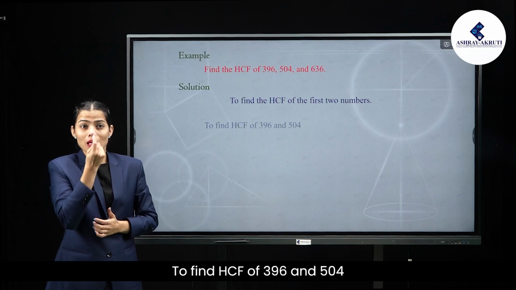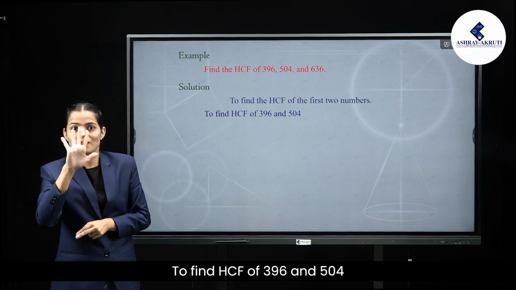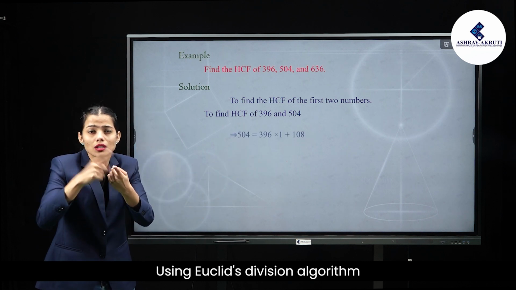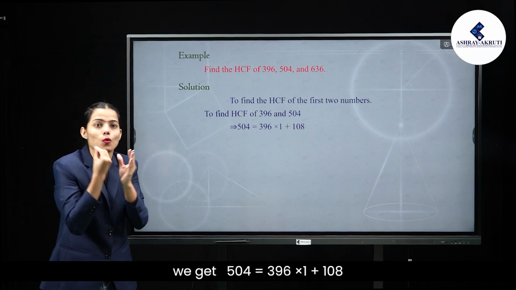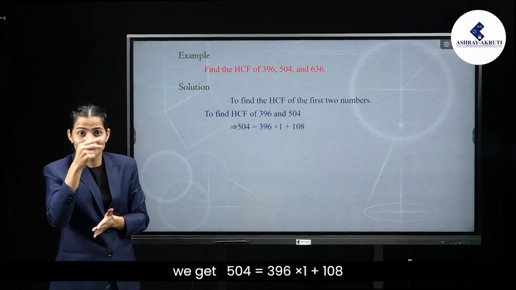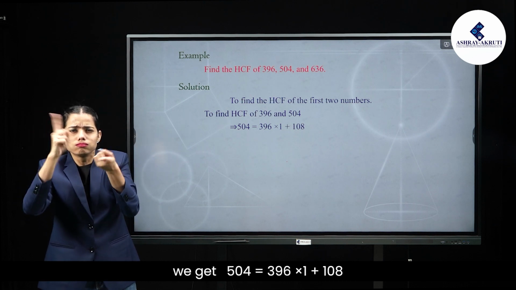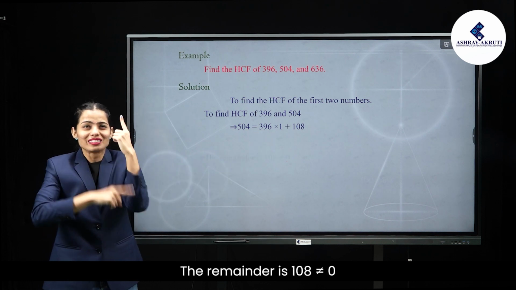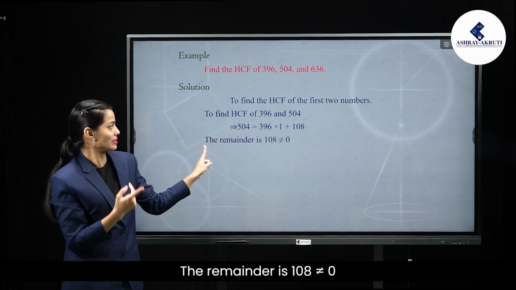To find the HCF of 396 and 504, using Euclid's division algorithm, we get 504 = 396 × 1 + 108. The remainder 108 is not equal to 0.